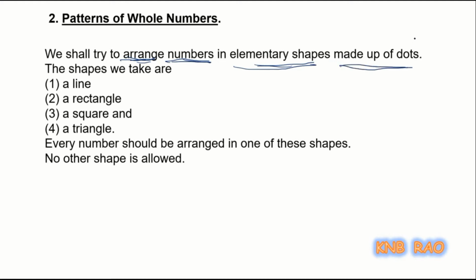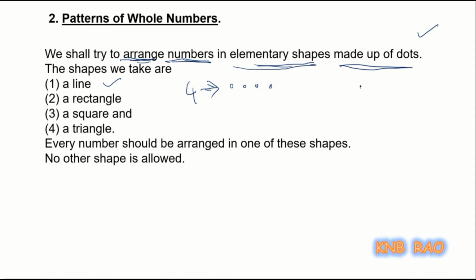They are made up of dots. Now here what are the elementary shapes? These elementary shapes made up of dots. One is a line. It could be a line. For example, if I write 4 as this way, this is a line.